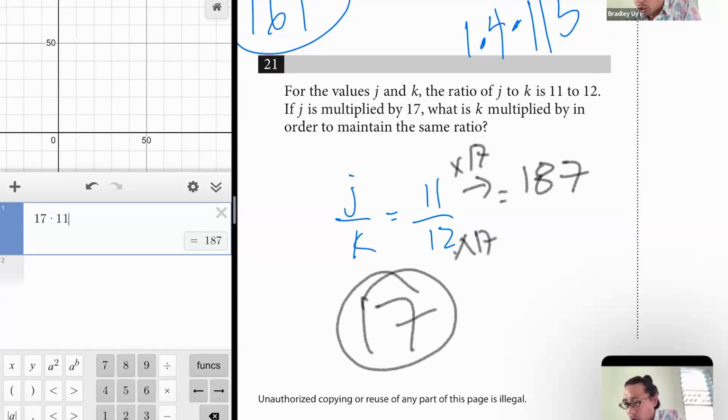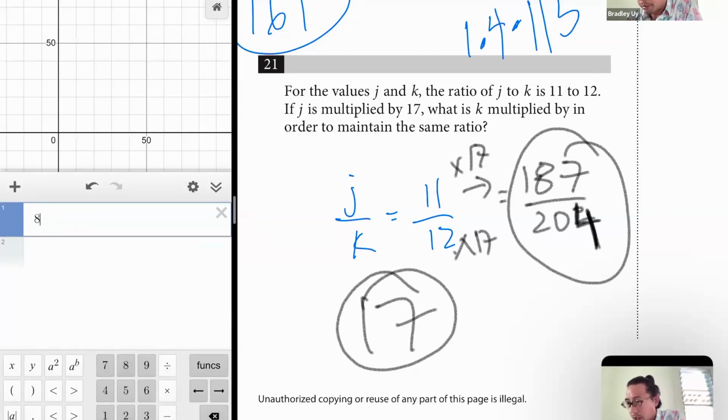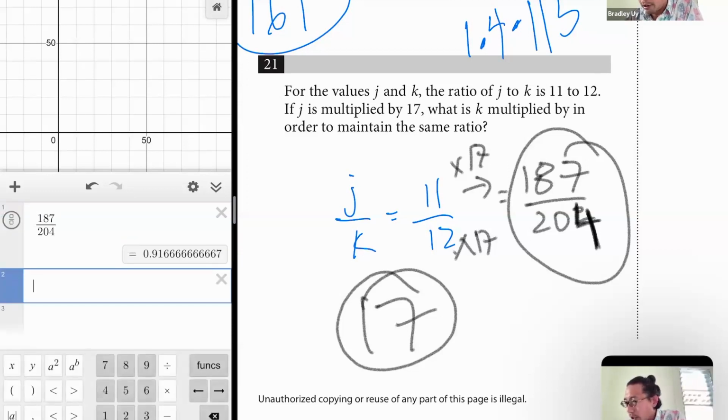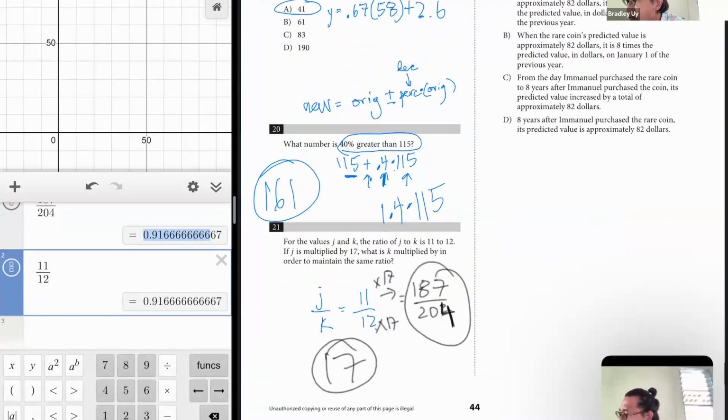If I were to prove that, 12 times 17 is 204. So 187 over 204 has the same value as 11 over 12. What you do to the top, you must do to the bottom. So the answer is 17 here. Bit of a strange question.